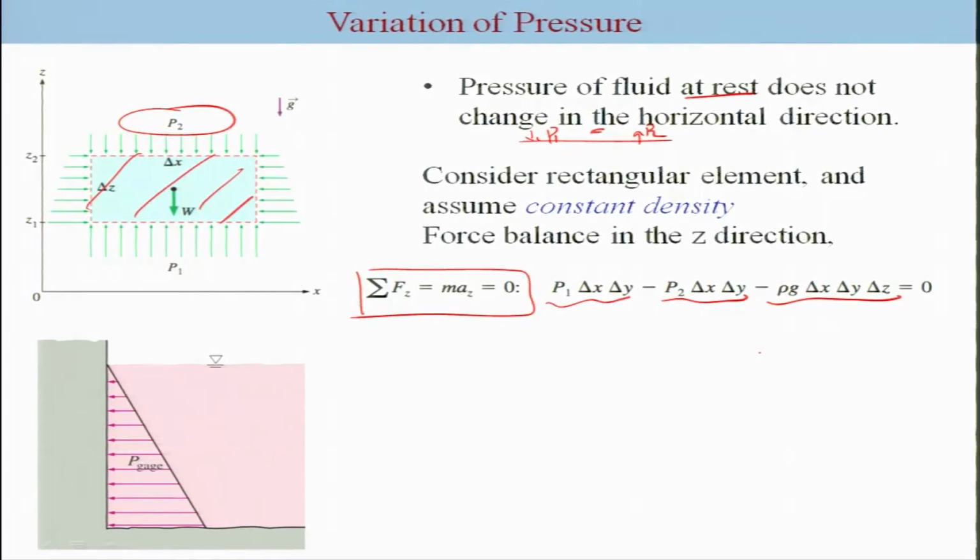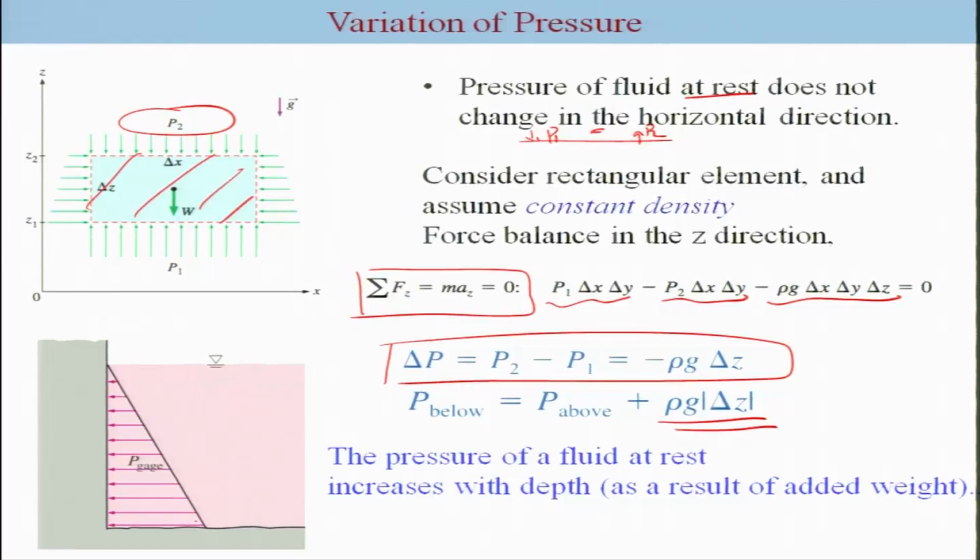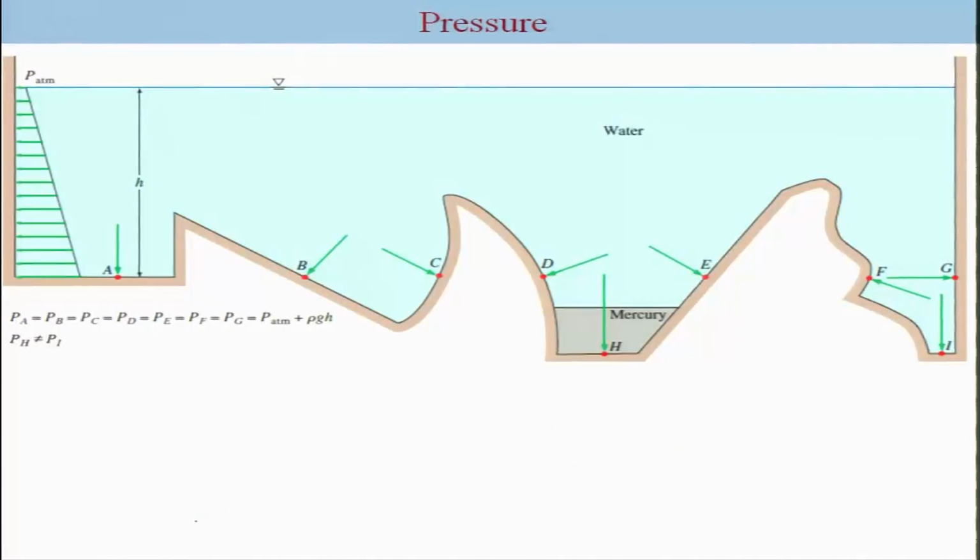If you do a simple mathematical calculation and take out the common term, what you get is P2 minus P1 equals minus rho g delta h. In other words, P below is more than P above by this value. So, the pressure increases linearly with distance as we go down in depth because of the added weight of the fluid.